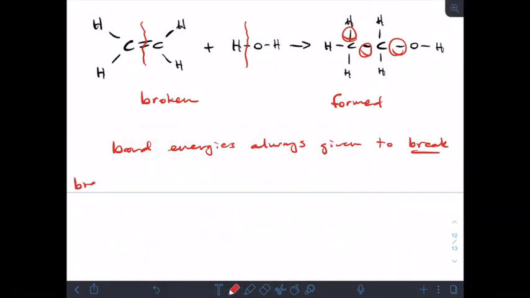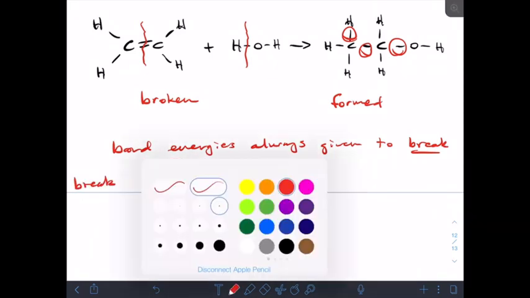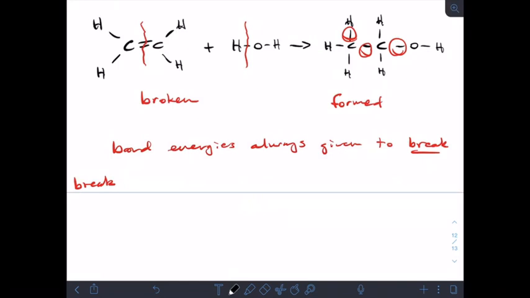Breaking, let's come back to the red. We have the energy to break a C double bond C is 611 kilojoules per mole. And to break an HOH, 464 kilojoules per mole.